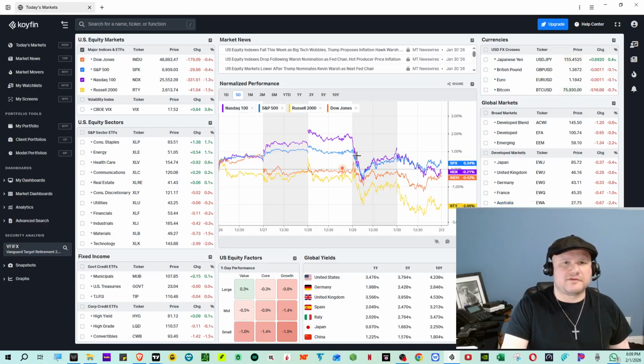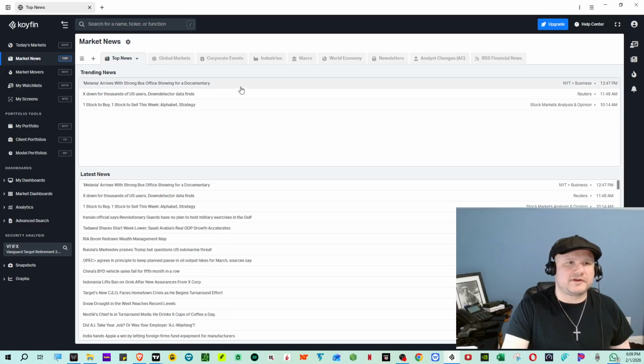You have an overview of the indexes, an overview of everything else going on, global yields, currencies, everything. You can have cliff notes of market news, the little things under the locker, paid news, but you get the general idea of cliff notes. So you can get top news, global, corporate, etc., etc.